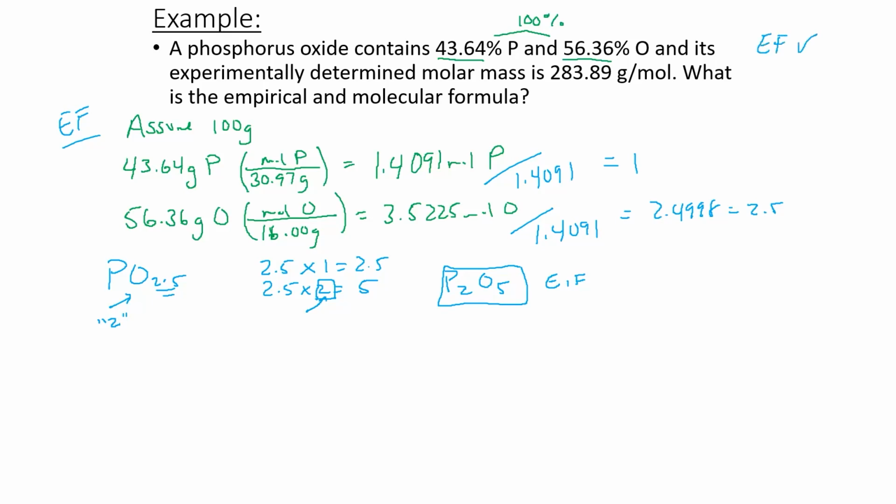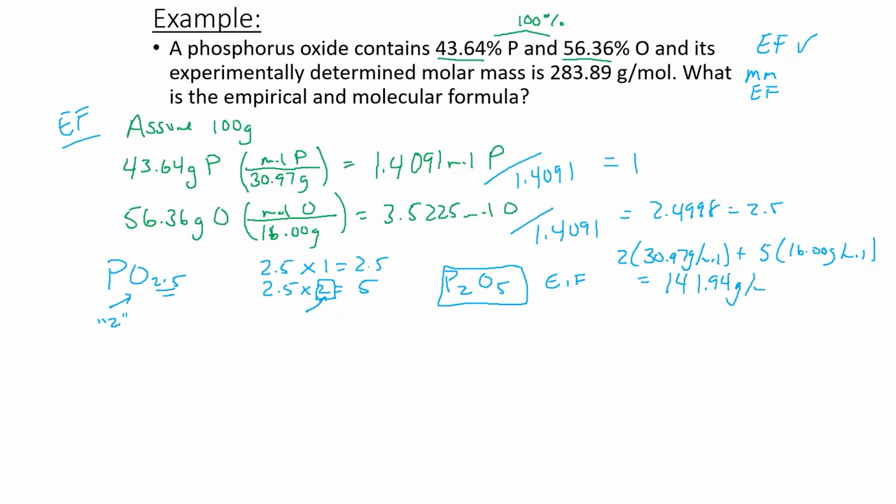Now that we have the empirical formula, we're going to get our molar mass of the empirical formula, which really is the second thing that we need there to calculate the molecular formula. Taking 2 times our 30.97 for our phosphorus plus 5 times 16 for our oxygen, going to give us a molar mass of our empirical formula of 141.94 grams per mole.